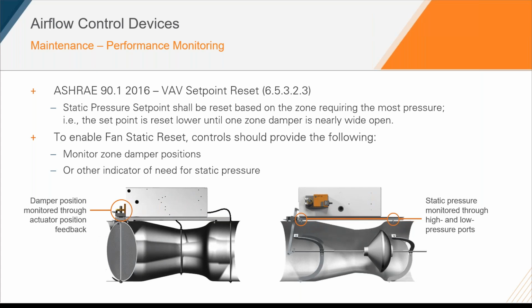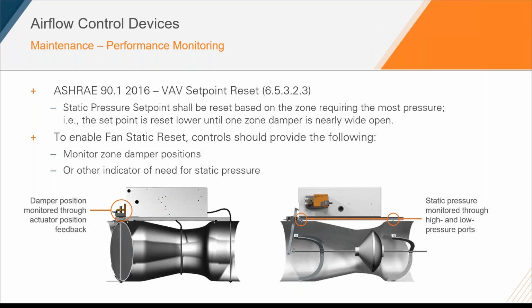So to enable this fan static reset as dictated by ASHRAE 90.1, the controls that we're providing for these air valve technologies should either have the ability to monitor the zone damper position or provide another indicator of the need for static pressure. Typically for your high accuracy terminal units or your electronic pressure independent valves, we're going to be monitoring the damper position through an actuator position feedback.